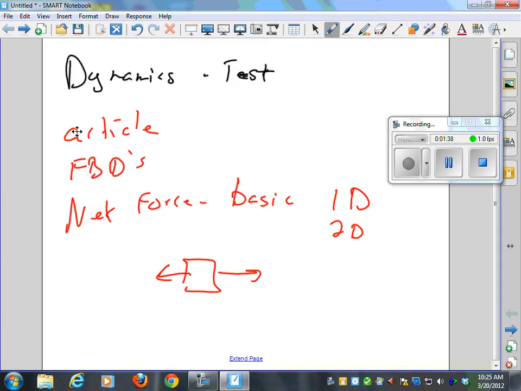Or 2D, where someone's pushing north and someone's pulling east and maybe some friction back this way. Yes, we did. The worksheet has Darth Vader on the top of it. That's right, I was feeling evil.